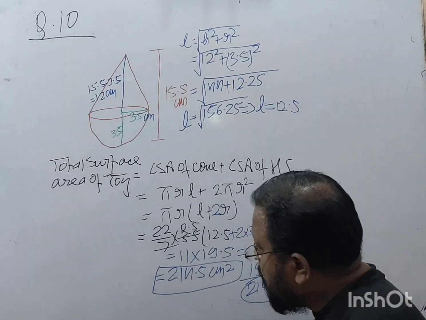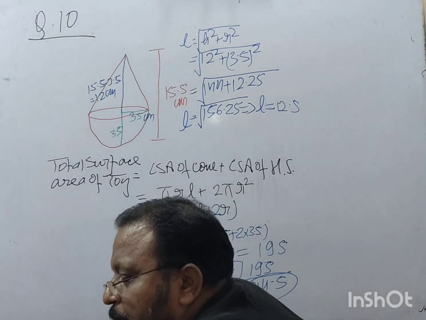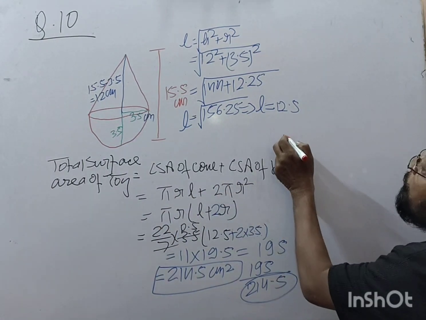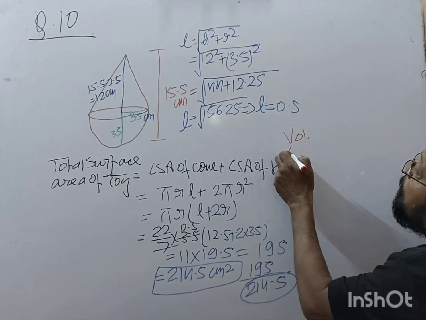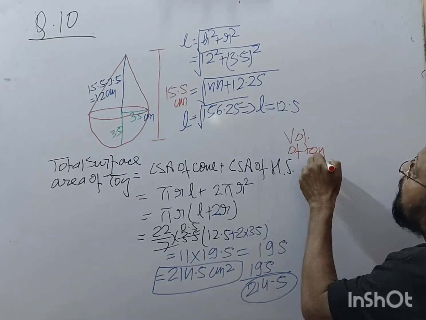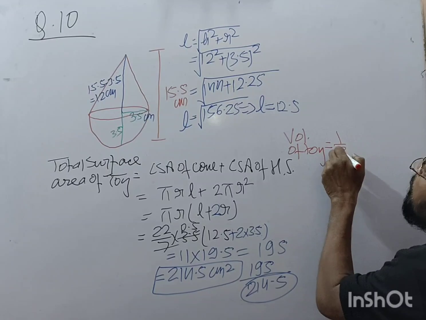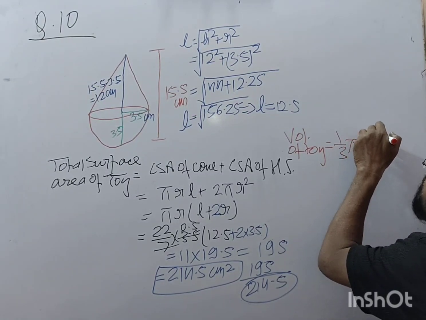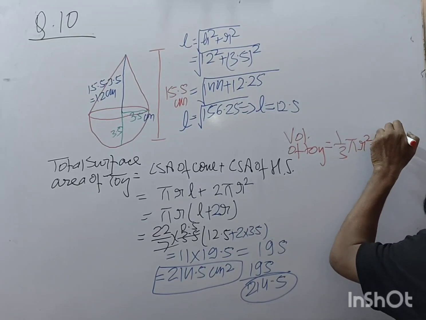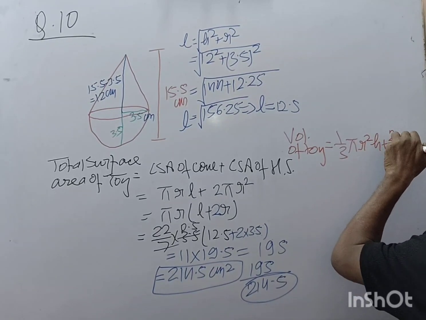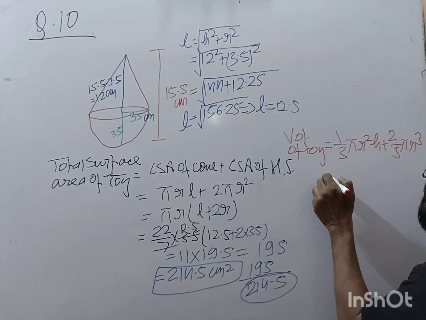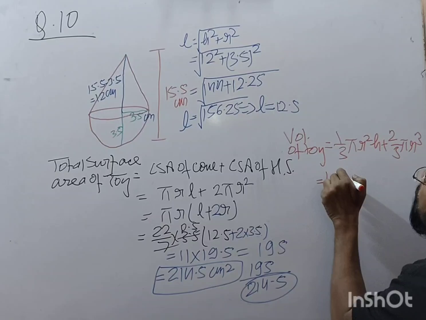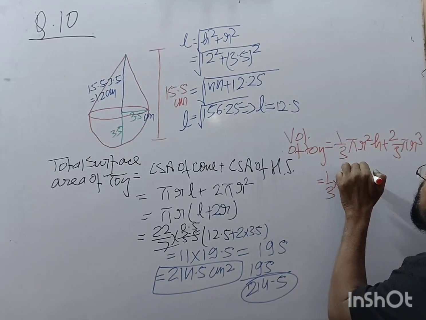Now the volume. Volume of toy is equal to 1 upon 3 pi r square h plus 2 by 3 pi r cube, so it is 1 upon 3 pi r square into h plus 2r.